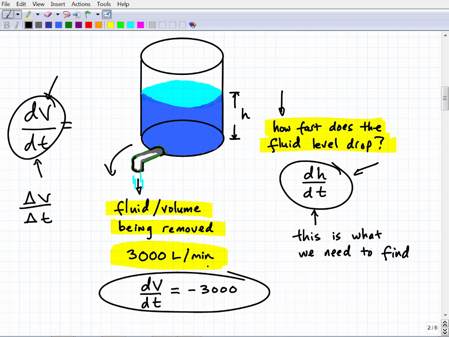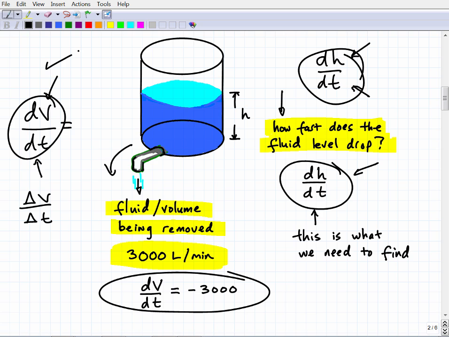And what we want to know is dH/dt. What's the change of the height? How is the height changing with respect to time? Now you have two rates of change, right? This is what we call related rates of change.